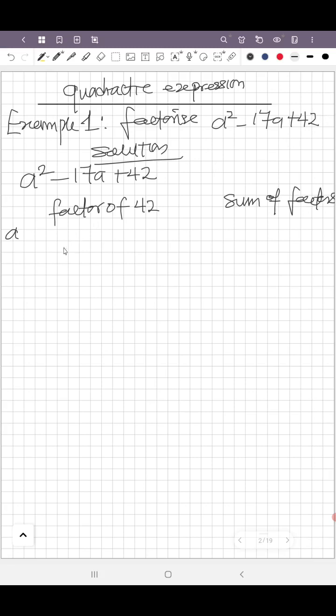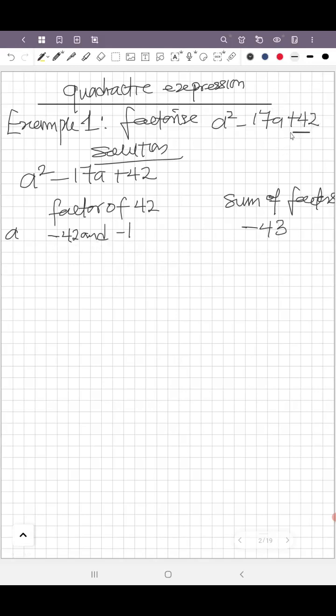If you have minus 42 and minus 1, by the time you add them together, we have minus 43. But by the time you multiply minus 42 and minus 1, it will surely give us plus 42.